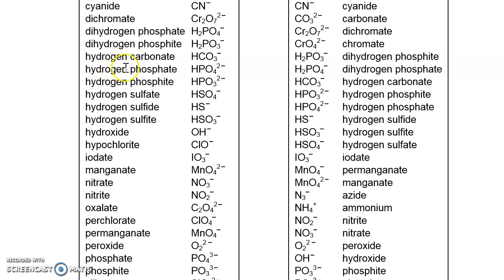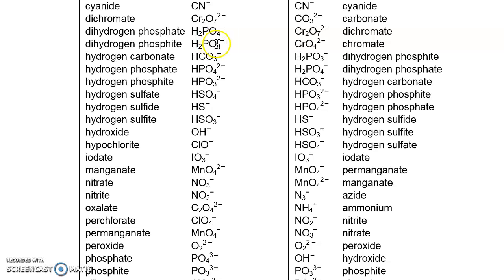Well, hydrogen is added as H+. So if you add H+ to phosphate, the plus will take away one of the negative charges. So instead of 3-, we have 2-. And we've got obviously the addition of an H. Dihydrogen phosphate, we've added a second hydrogen, and we've lost a second negative charge to leave 1 net charge overall.